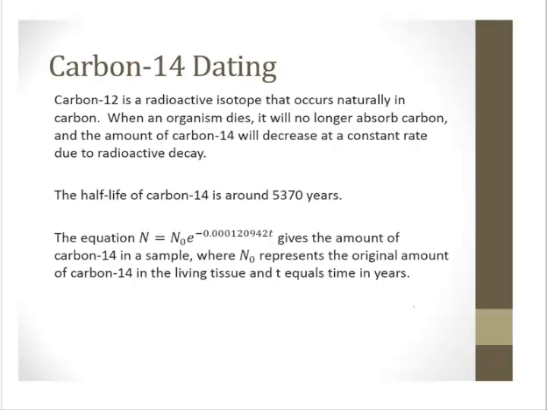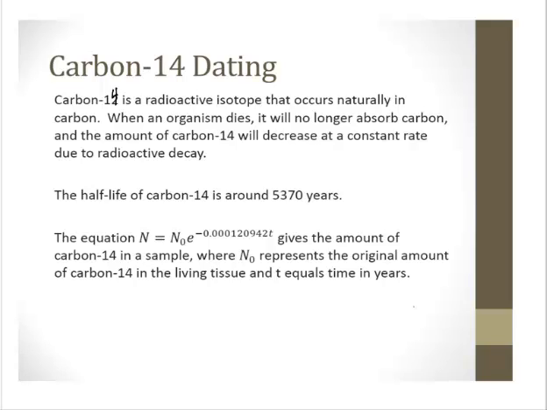Carbon-14 dating. Carbon-14 is a radioactive isotope that occurs naturally in carbon. When an organism dies, it will no longer absorb carbon, and the amount of carbon-14 will then decrease at a constant rate due to radioactive decay. It is known that the half-life of carbon-14 is around 5,370 years.